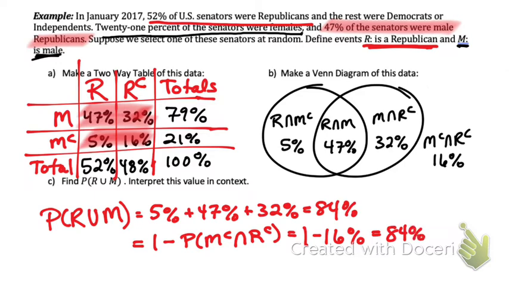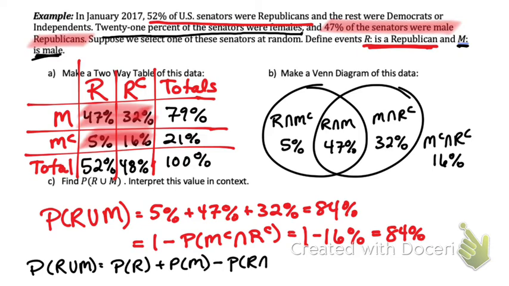Now, if I use the actual statistical formula for OR, the probability of Republican or male would be the probability of Republican total plus the probability of male total minus their overlap, because I would have counted those 47% twice.